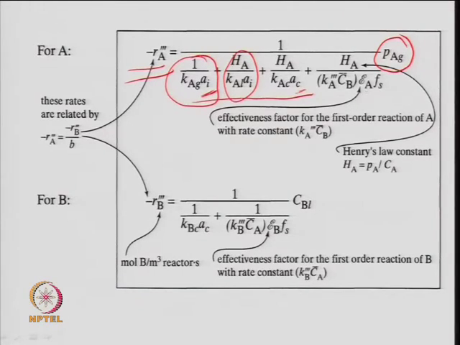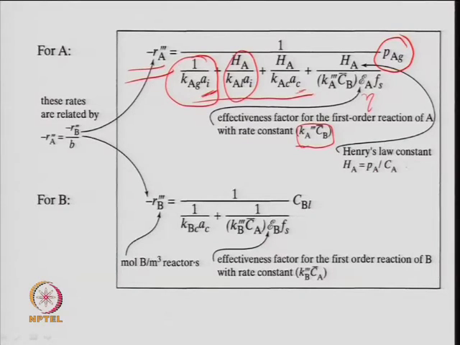So, here this eta is represented by this, right. So, effectiveness factor for the first order reaction with respect to a rate constant, which is taken as a pseudo first order rate, right. So, rate constant times the concentration of B, we have assumed that B is in excess, and HA is related to your Henry law constant, as I said.